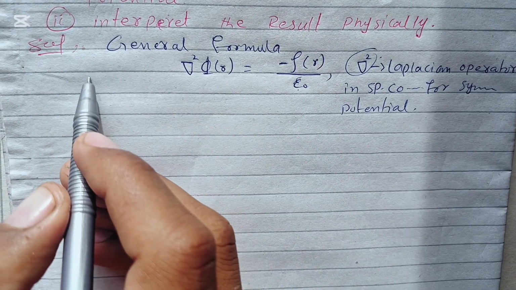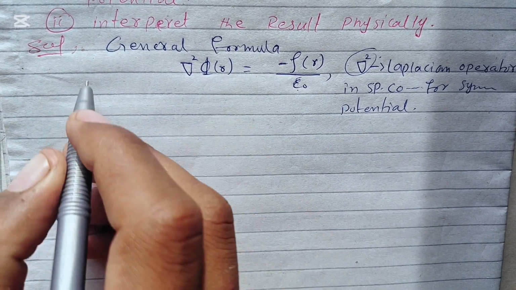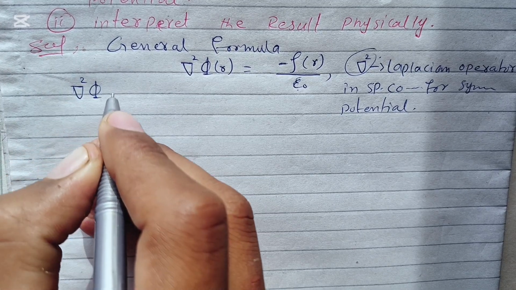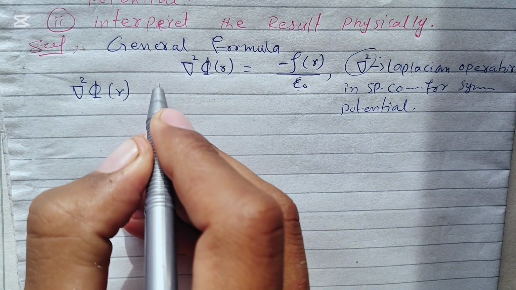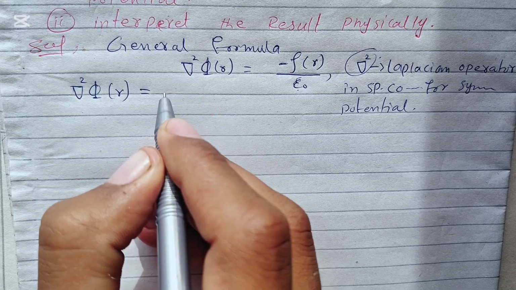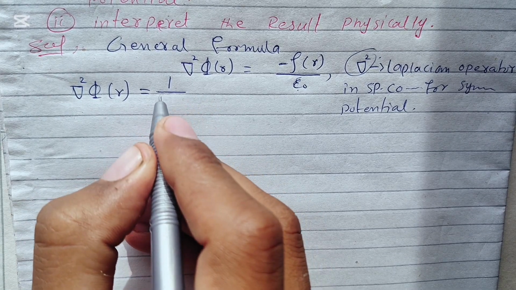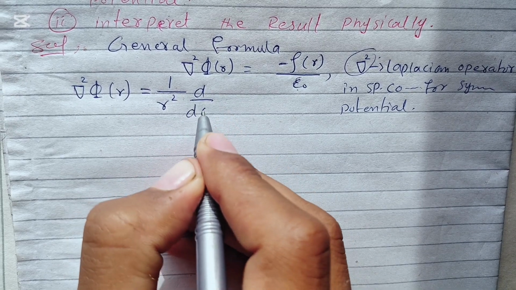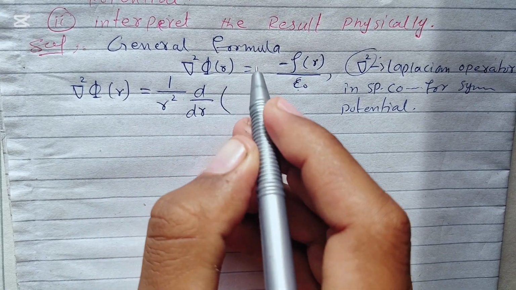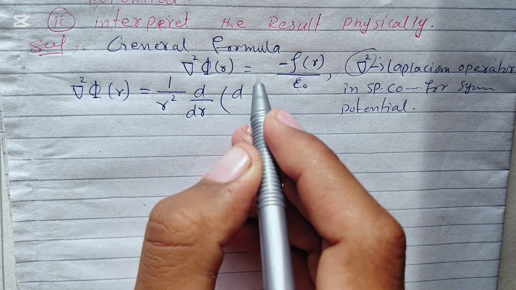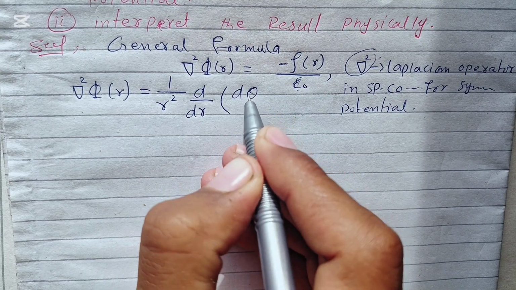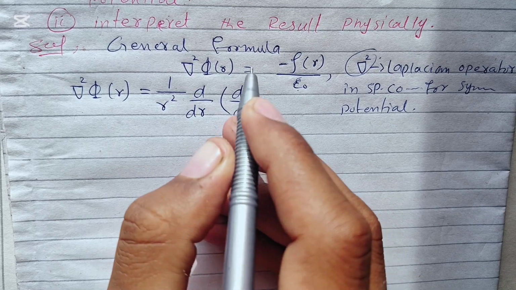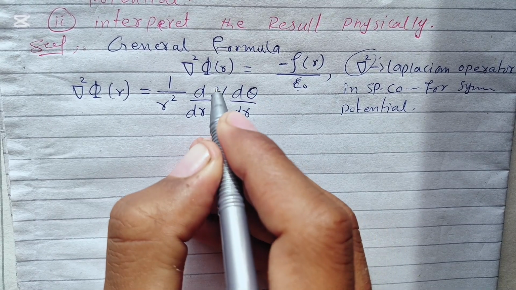Now let this del square phi of r be equal to 1 over r square, d by dr, into r square d by dr of phi.